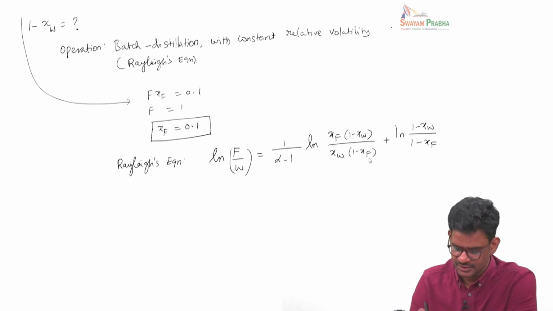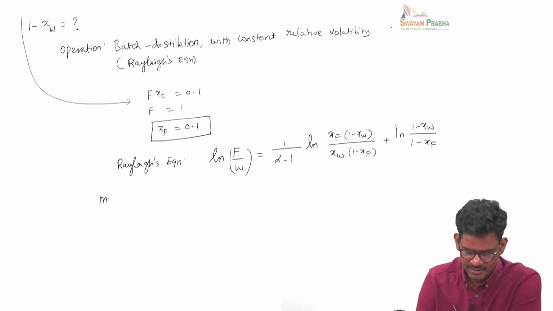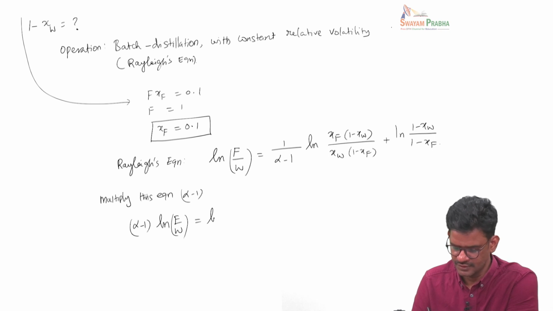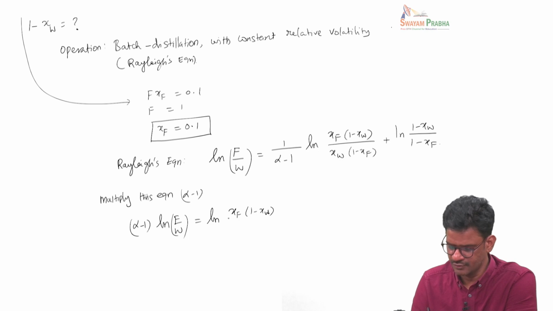So, let us multiply this equation with alpha minus 1. So, you have alpha minus 1 times ln of F by W is equal to ln of XF times 1 minus XW over XW times 1 minus XF.